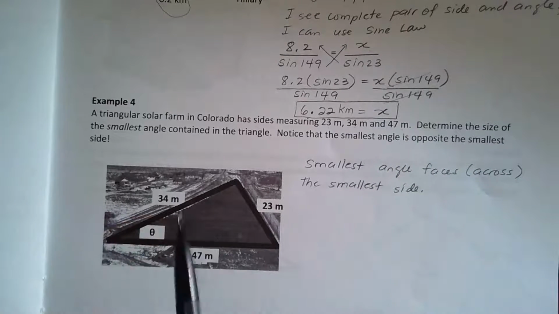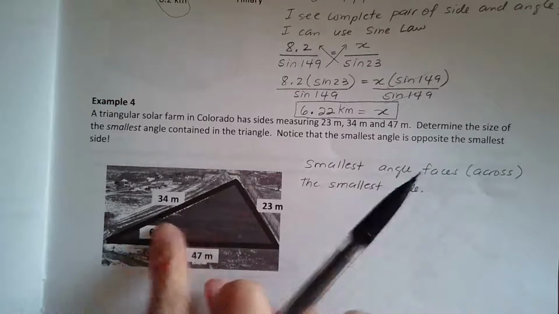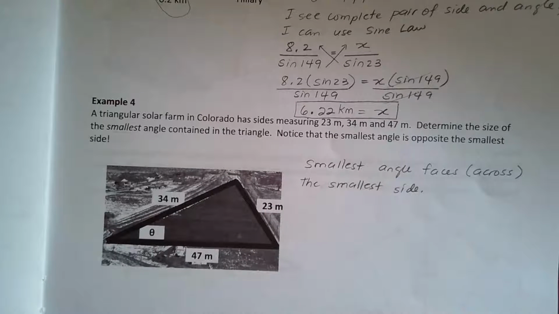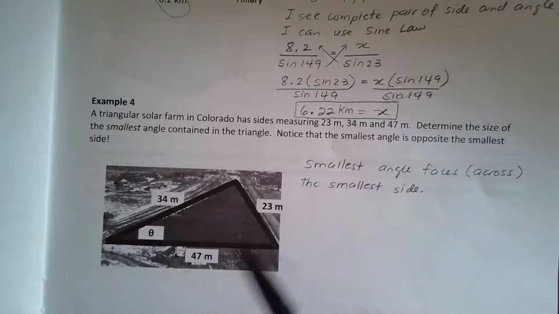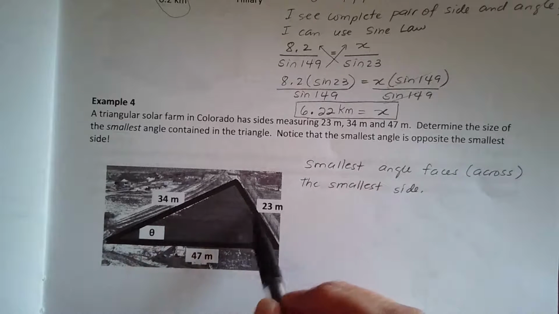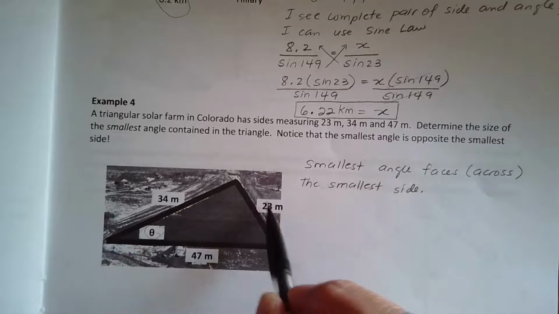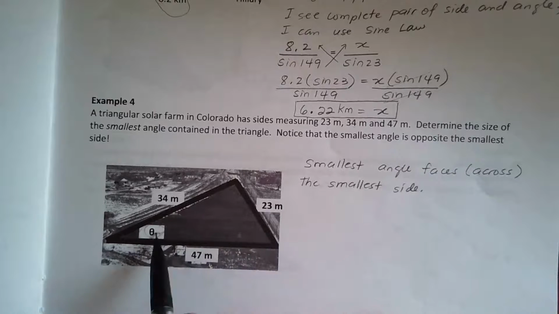Okay, we're not going to calculate all three angles and figure out the smallest angle. We're not going to calculate all of them. That's a waste of our time. But if we recognize which one would be the smallest angle, it has to be this one, because this is the smallest side. This is the smallest angle.